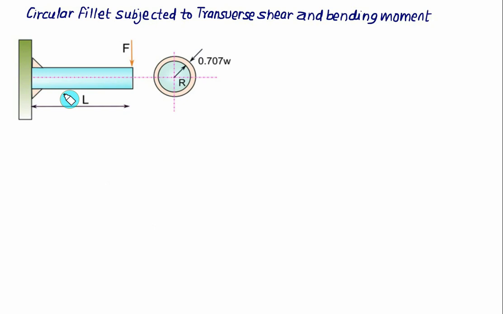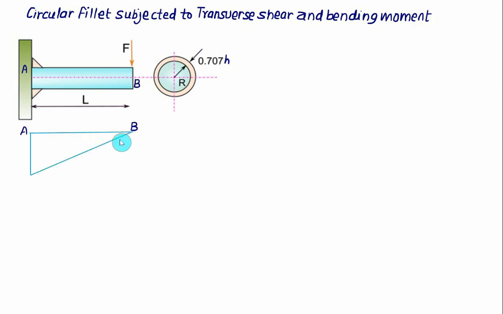If a circular fillet is used to weld a circular pipe on a plate, and a point load is acting vertically downward, in that case this area, which is the fillet area, is subjected to the force F plus we have a bending moment at the end. So at this point A we have the maximum bending moment.